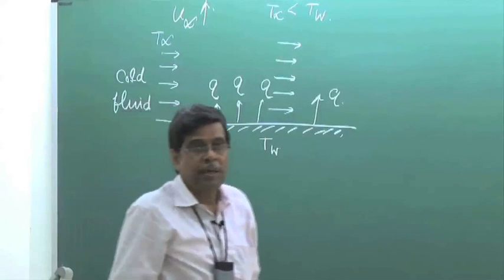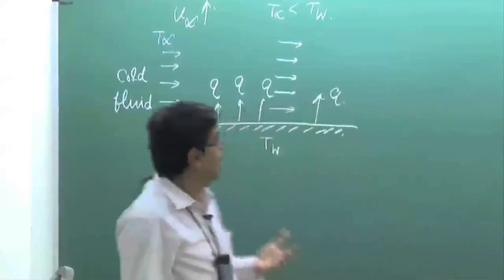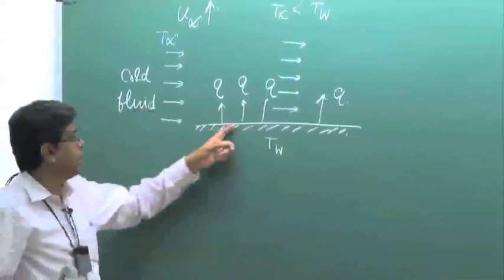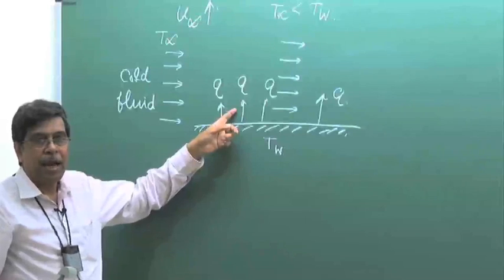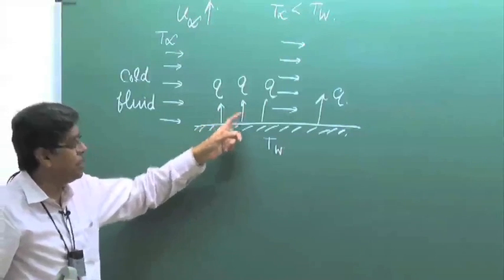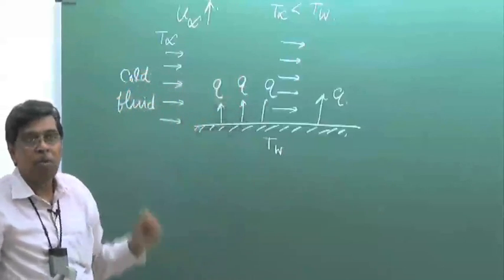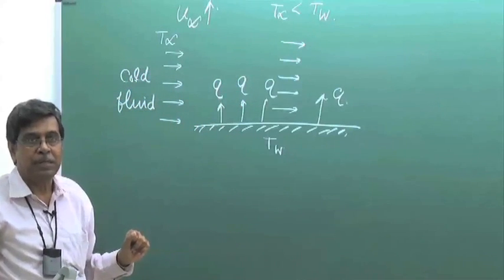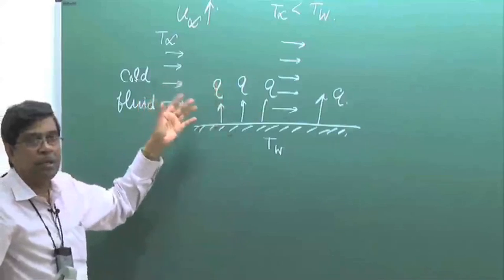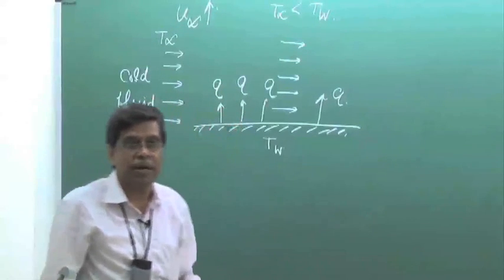So this is the phenomenon of convection, where heat is transferred from the surface to the adjacent fluid, and at the same time the rate of heat transfer or heat flux depends on the flow of the fluid past it. If you decrease the velocity, the rate of heat transfer will decrease. The plate will be cooled at a slower rate.